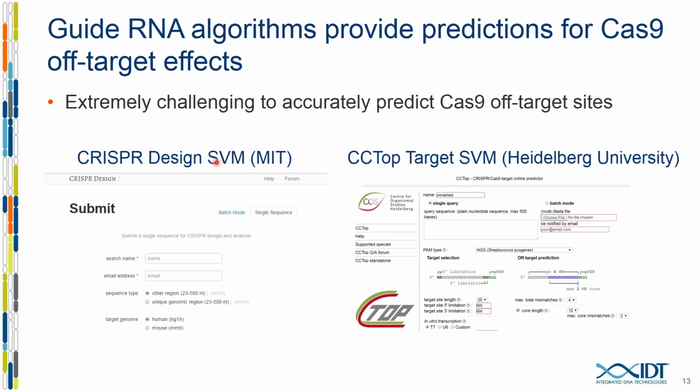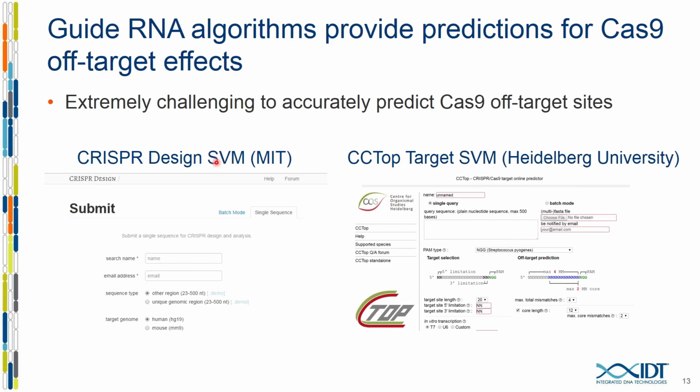And as you might imagine, in a perfect world, we'd be able to predict what the best guide is going to be, which ones are going to have the fewest known off-target effects, and choose those guides and not have to worry about any of this stuff. And in fact, there have been several very good attempts at making prediction algorithms to determine whether guides are good or bad.